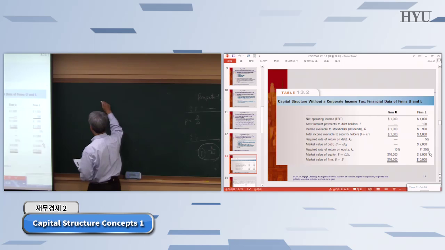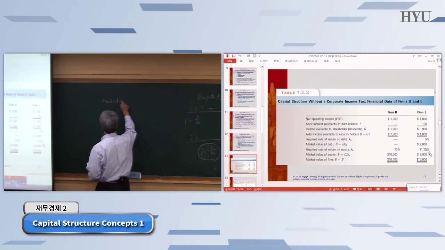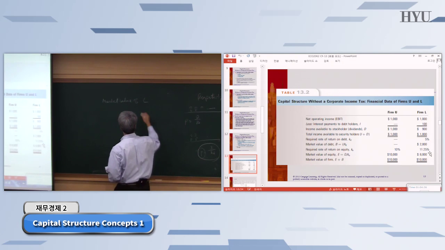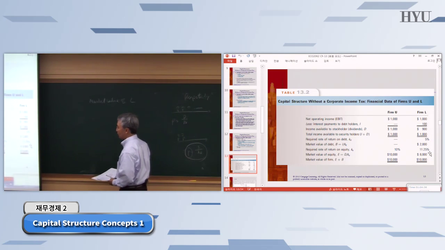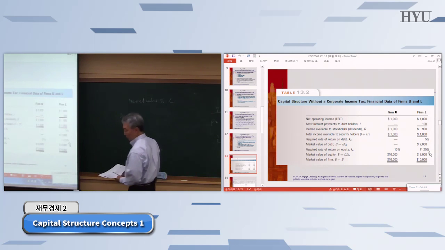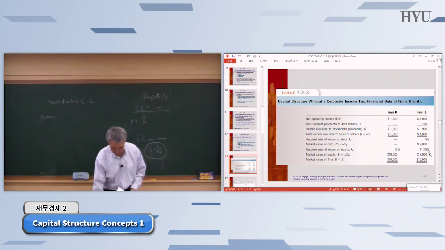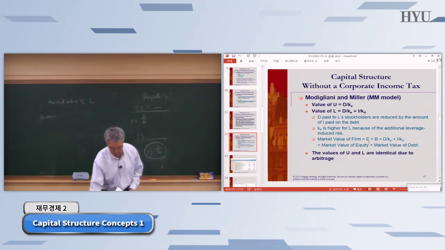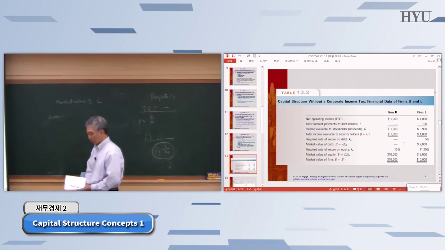Assuming the market value of the company L is still 10,000, then based on this expression, the market value of the company is value of equity plus value of debt, which is this one plus this one, right? So based on that, we can write it this way.